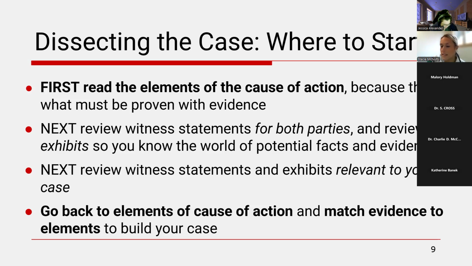So when we say, for example, we have to prove Goldilocks was on the property of another, if I am the state, I need to prove that this property is owned by someone else. So maybe that's Mama Bear, and I'm going to use her testimony for that element. When I question Mama Bear, I have to say, do you own this property? And Mama Bear says, yes, we have owned this for 20 years. Okay, so that's how you go through and match that up to each element.